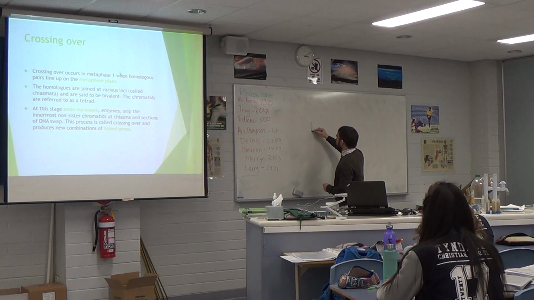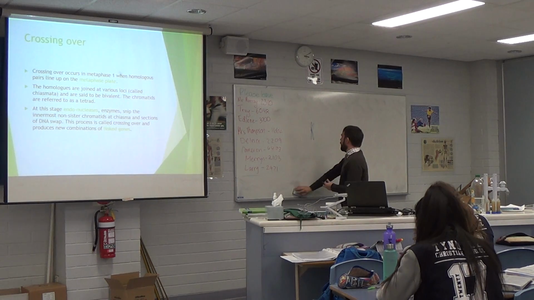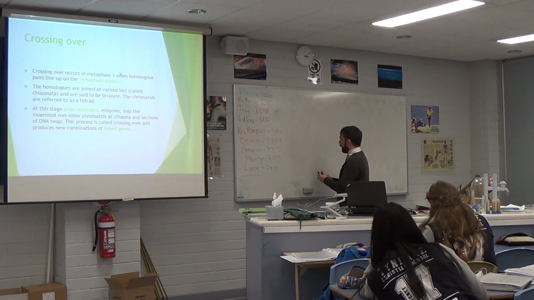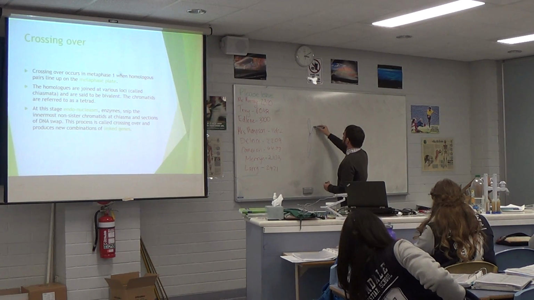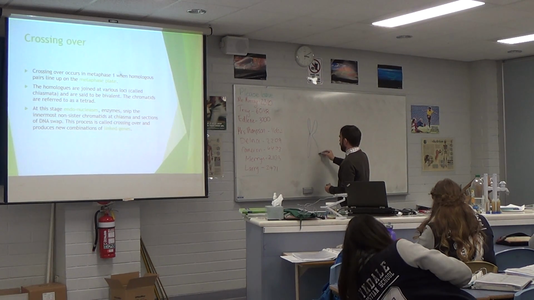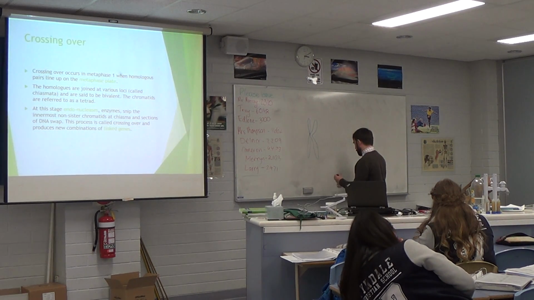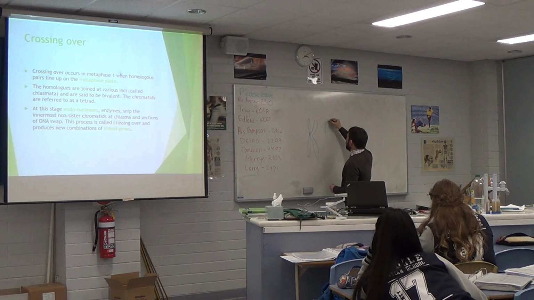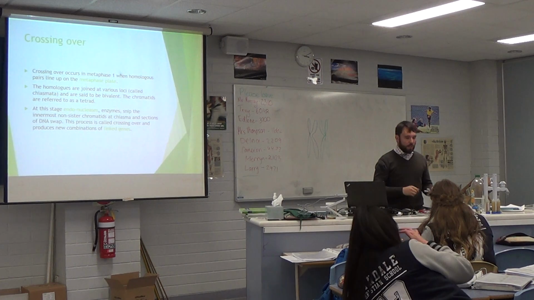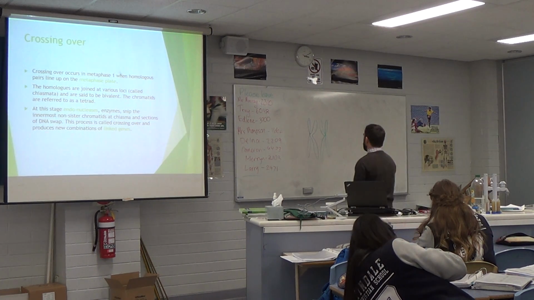So, we've got our chromosomes. Kind of need to. I might actually blow this up a bit bigger and draw it a bit more carefully. It's a bit dramatized, but hopefully it'll make things a bit clearer.